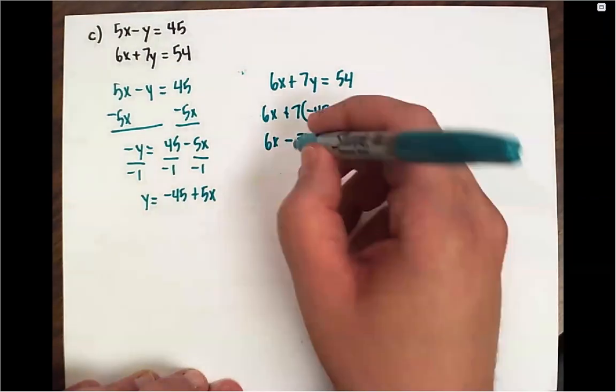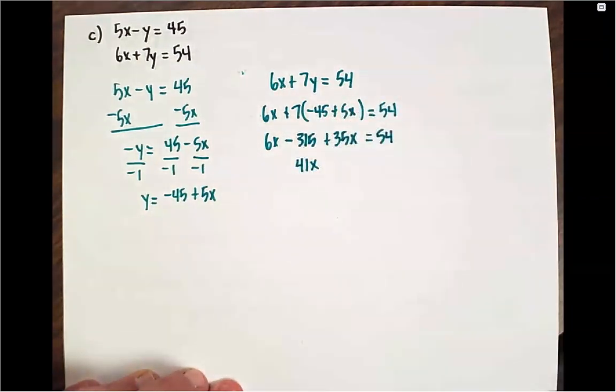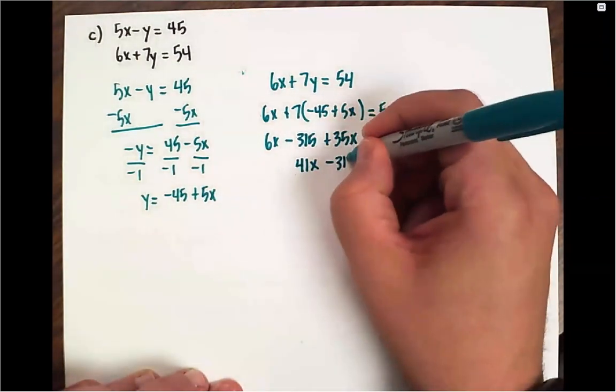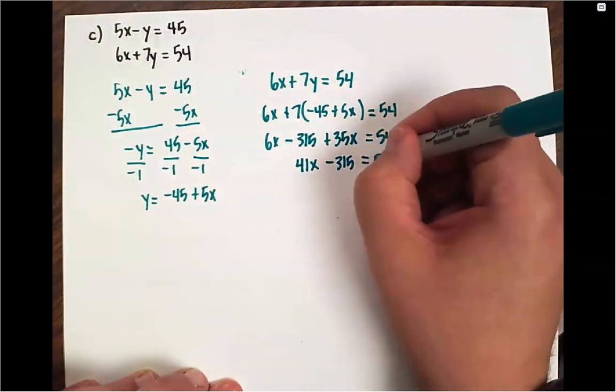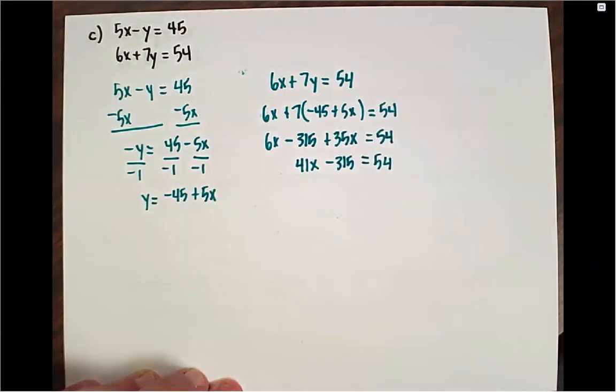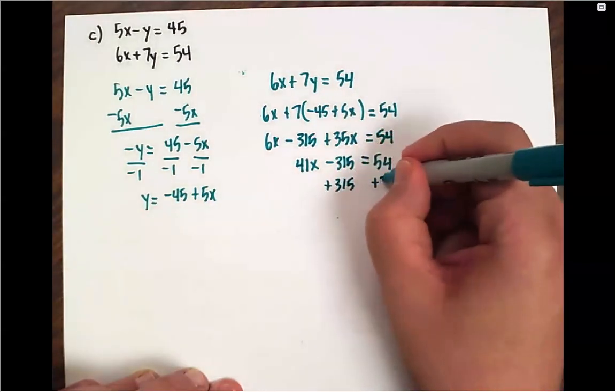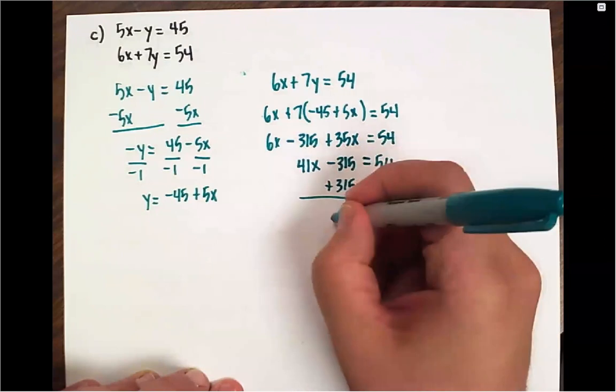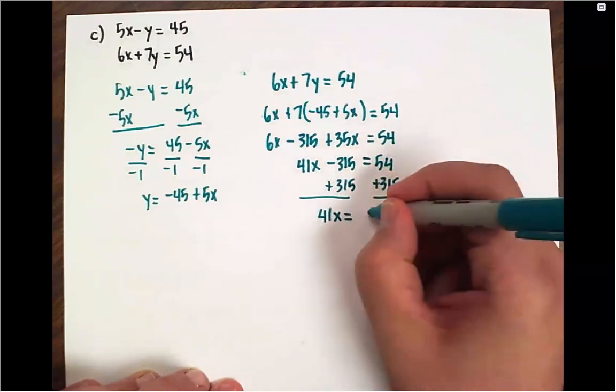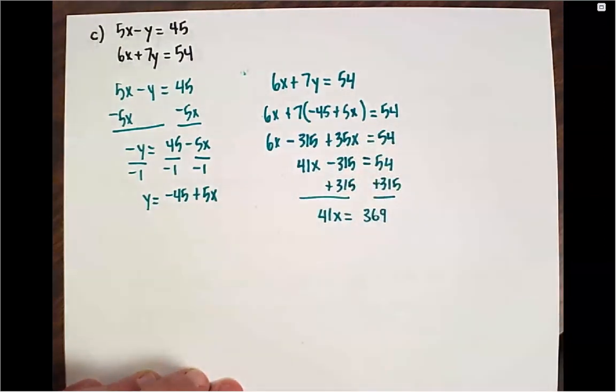I can add my x's together. I get 41x minus 315 equals 54. And then I add 315 to both sides. So 41x equals 369.